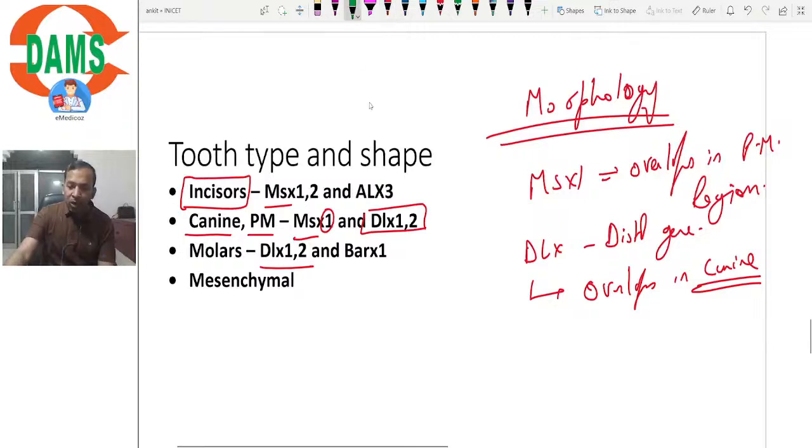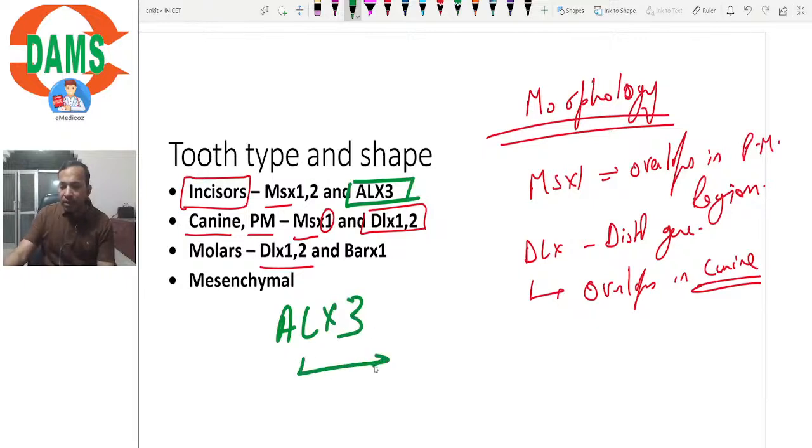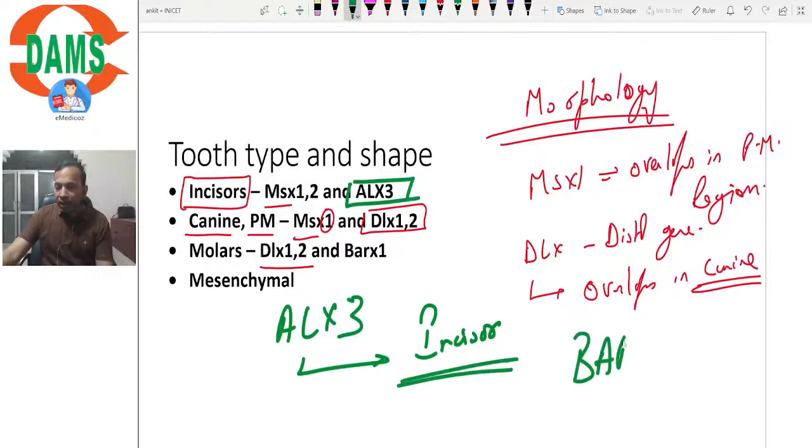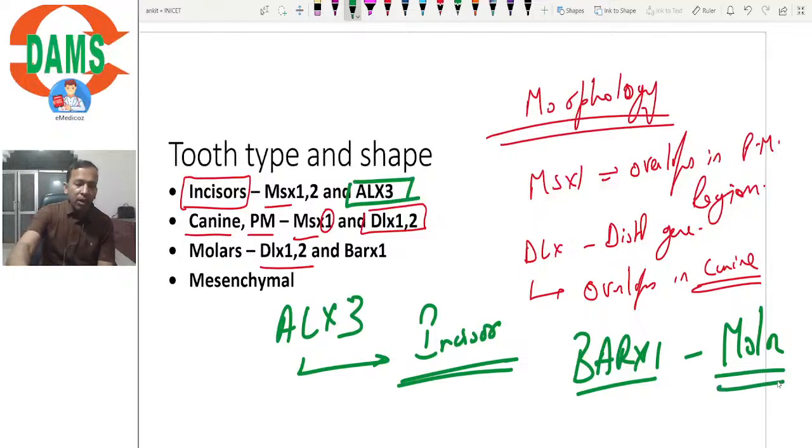ALX3, right? ALX3 is incisor specific, and similarly BARX1 is molar specific. It is molar specific, and all these genes are mesenchymal.